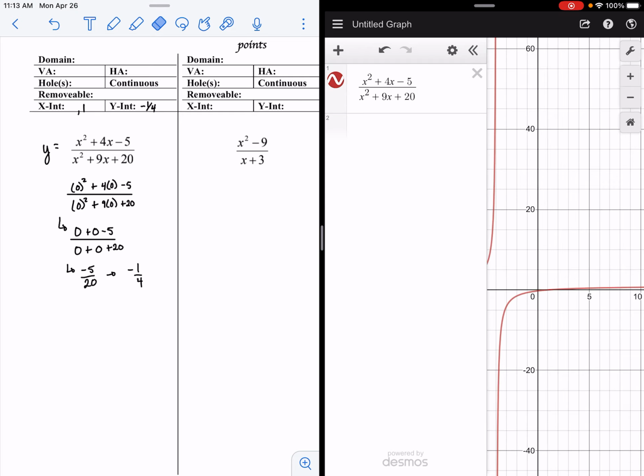The next key feature of these are going to be the vertical asymptotes. Now, let's talk about what an asymptote is in general. An asymptote is an imaginary line, or think of it as an imaginary wall.